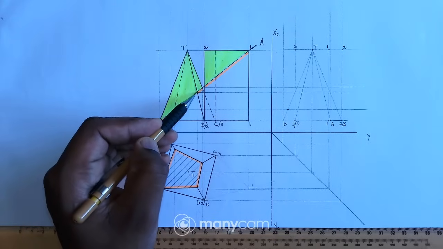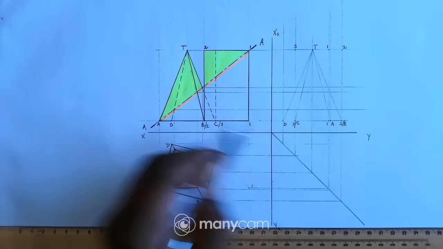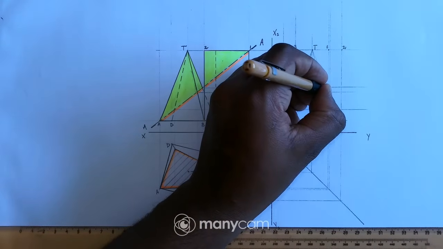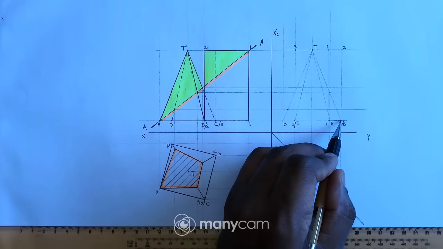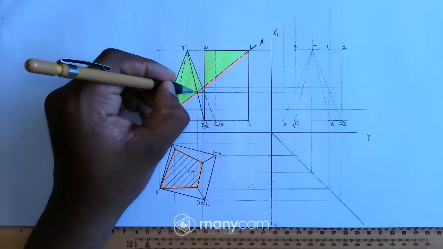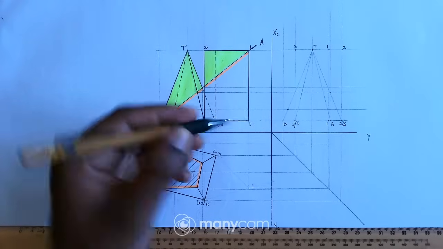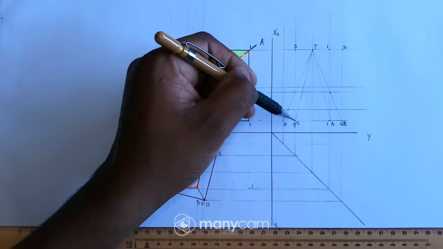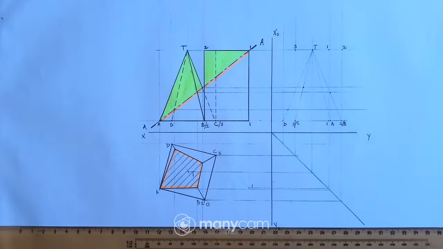This is line TB. So where is TB from our left view? TB is there, so that means we have a point there, right? And then the next point is on line TC. Where is TC? TC is there. That means we have a point there.